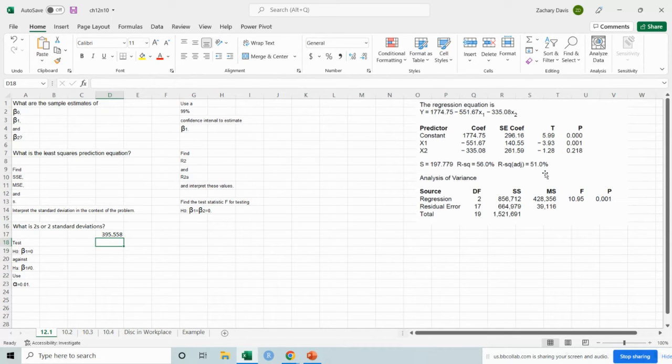And then we would interpret the adjusted r squared, that we can explain 51% of the variation in y based on these two variables. Clearly, there's more variables we should be adding and maybe finding a substitute for x2 depending on what the scenario is.